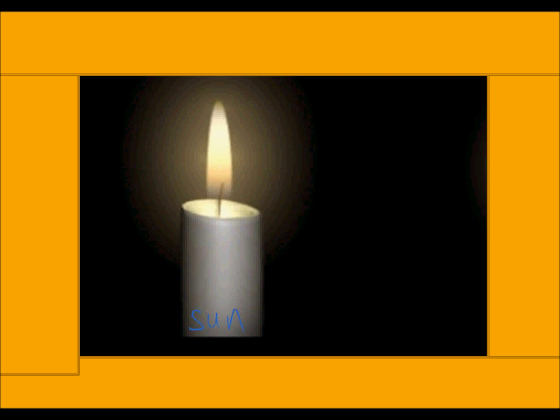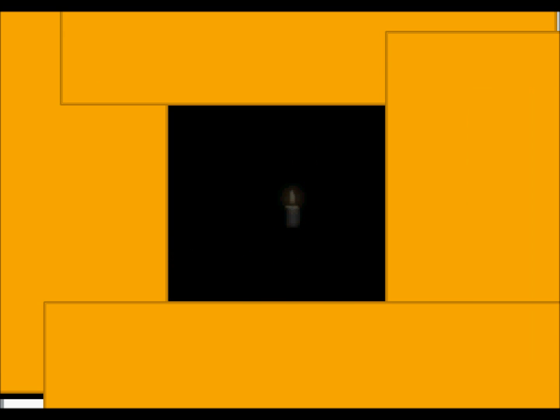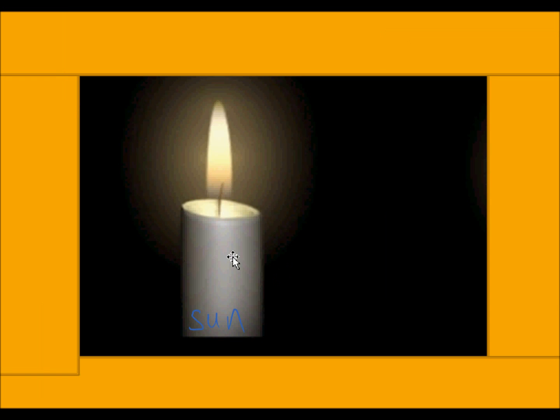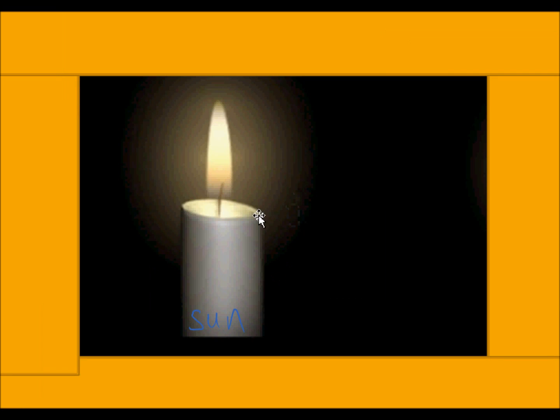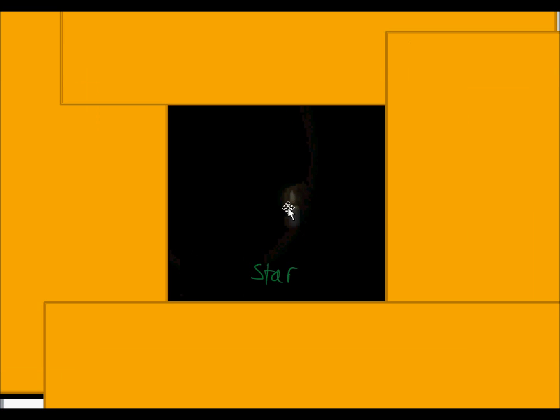So what if I wait till night time and I look at a star, and I measure how much light is being given out by this star, and I'm going to compare the brightness of this star to the brightness of the sun. And I'm going to try to calculate how much closer must this star be to us than this one for them to give out the same amount of energy.